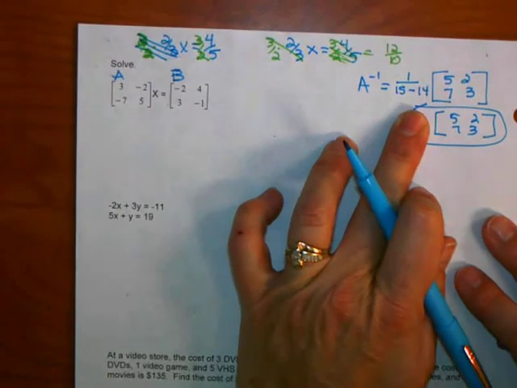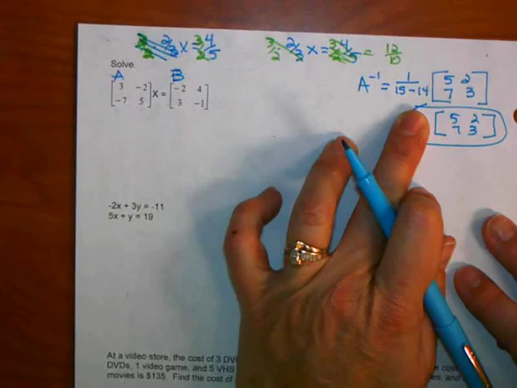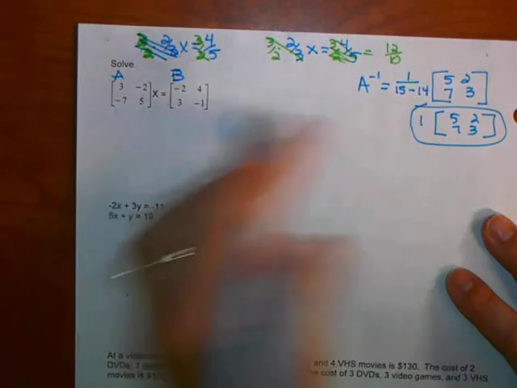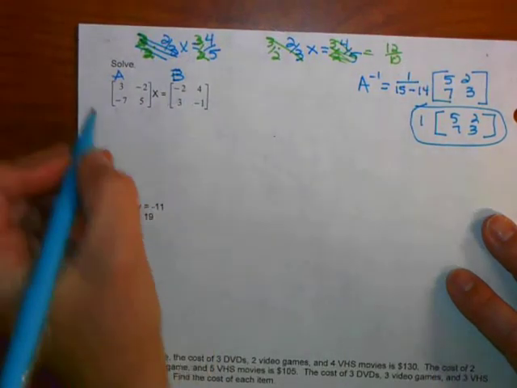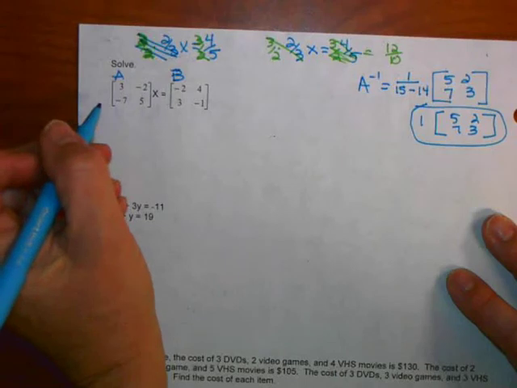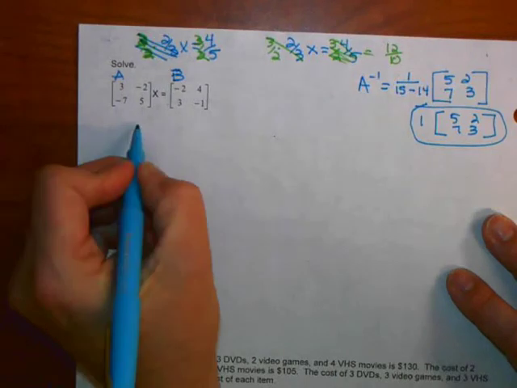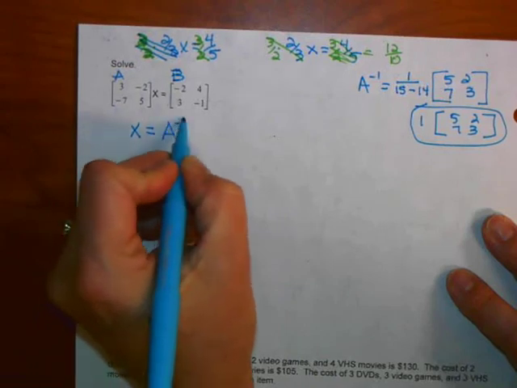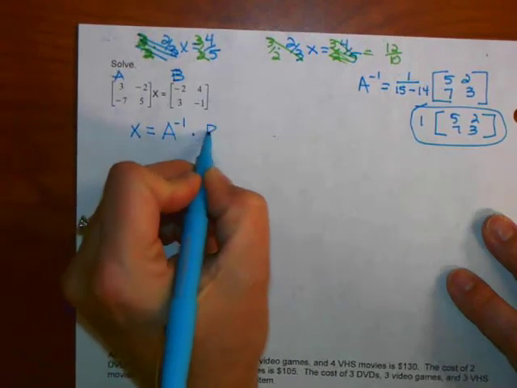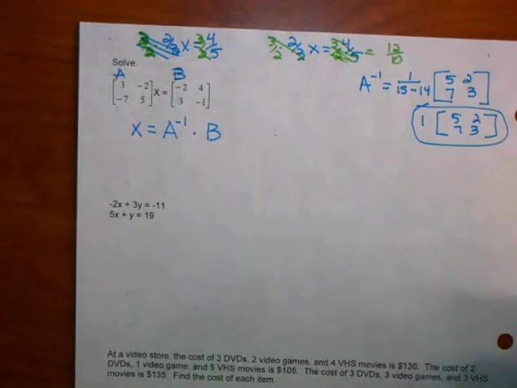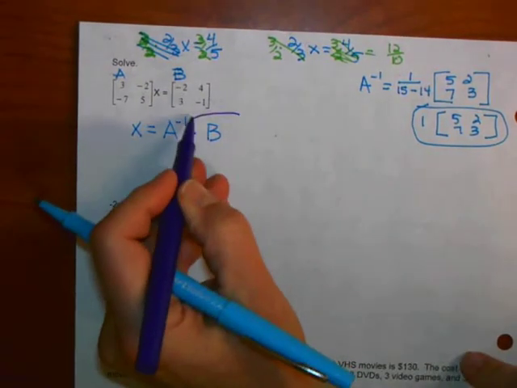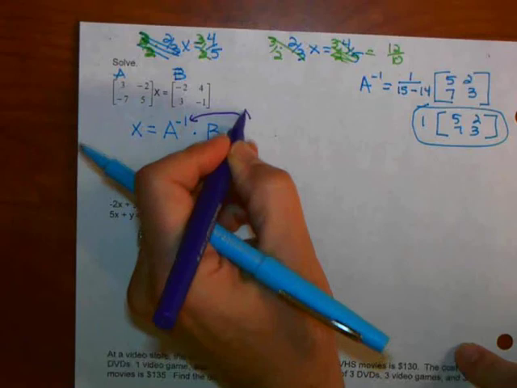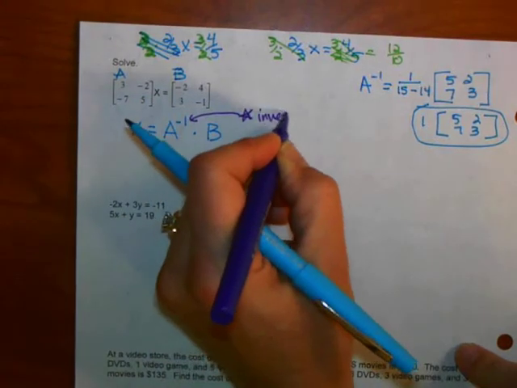Now here's the one sneaky thing you have to remember about this. X is going to equal the inverse times b. Now here's the thing that's very, very important. When you multiply these two together, you have to put the inverse in front.